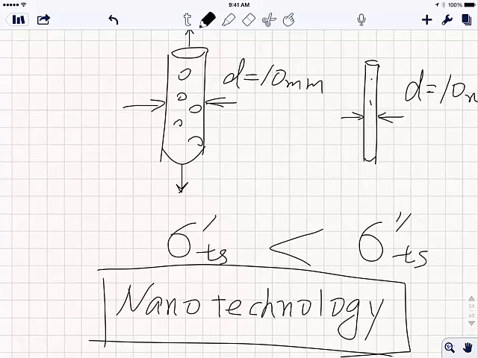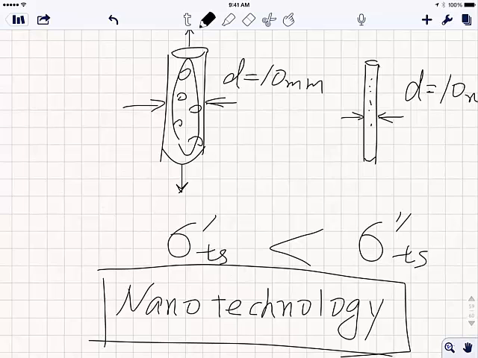Because all the metals are not uniformly atoms next to each other. They have grains, so failure always happens in between the grain boundaries. So you have more chance of having defects and grain boundaries here. But here, since it's so small in nano, you don't have those things. So you have less chance of defects and fewer grain boundaries. Of course, it's going to be better. Make sense? So that's why nanotechnology is so important and draws so much attention.